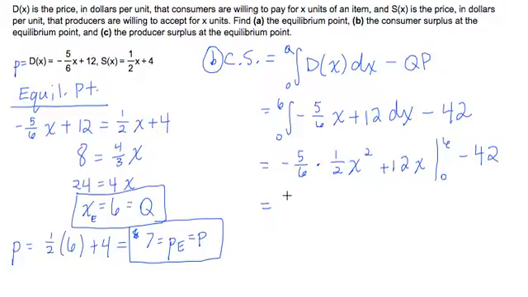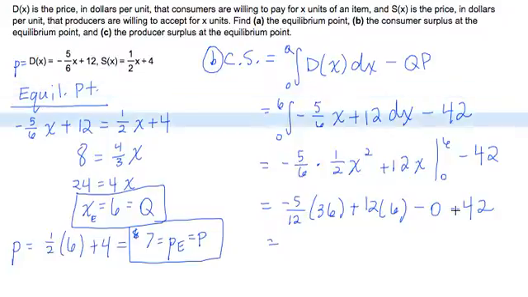So plugging in 6, first let's combine these fractions, so negative 5/12. Okay, let's go ahead and plug in the 6. 6 squared is 36 plus 12 times 6 minus, if we plug in 0, we're just going to get 0. Okay, and you can compute that number to see what you get for consumer surplus.